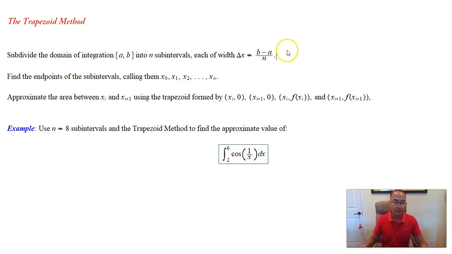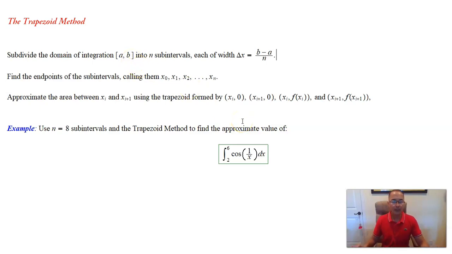Okay, so based on this width, we are going to find the endpoints of the subintervals. The left endpoint a will be x0, and then we move to the right by delta x, that's x1, move one more time to the right by delta x, that's x2, until we reach the right endpoint, which is b.